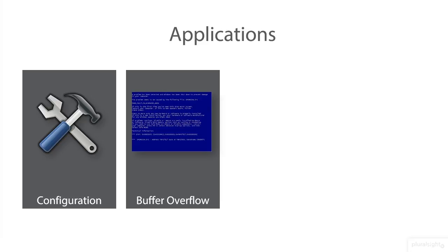In fact, back in 2000, there was a famous buffer overflow that affected both Microsoft Outlook and Outlook Express. What happened is that there was a flaw in the programming that made it possible for a hacker to compromise a system just by sending an email to the target. They didn't have to open the email. They didn't have to read the email. They didn't have to forward the email.